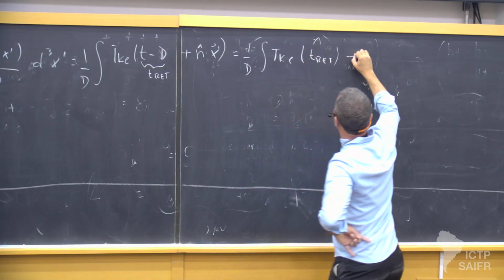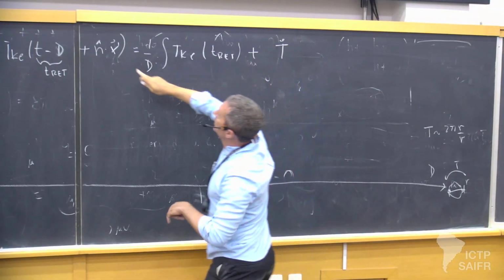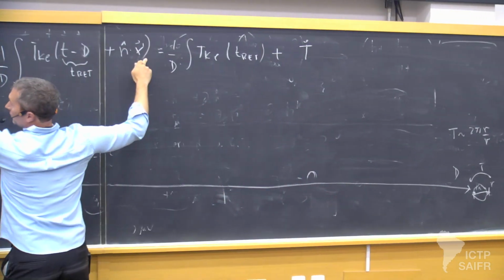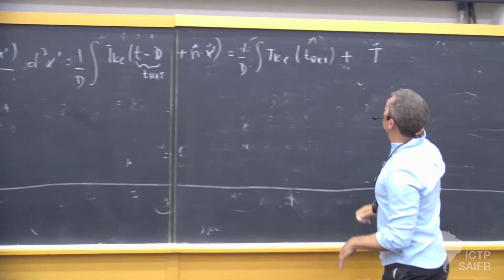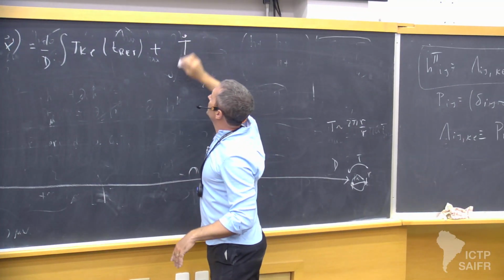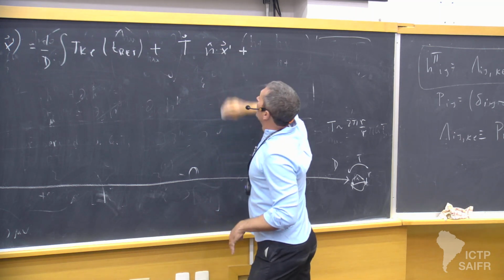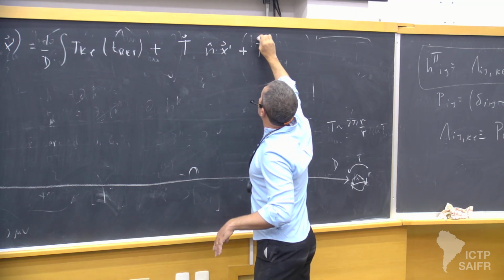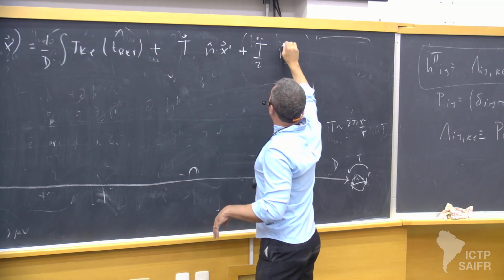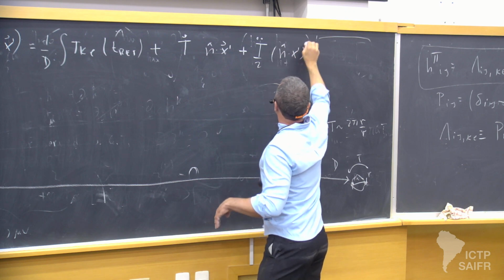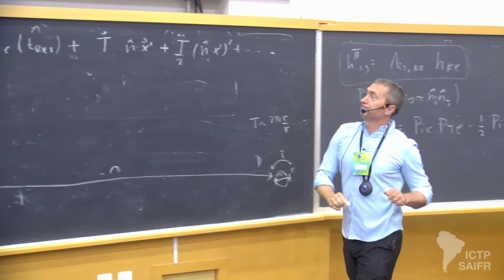This is the zero order, plus Ṫ. Here I forgot the dependence on x'; I'm just lazy to write it. Then it will be Ṫ times n·x', plus T double dot over 2 times (n·x')².